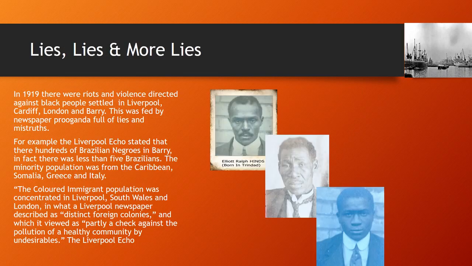In 1919, immediately after the First World War, there were riots and violence directed against black people settled in Liverpool, Cardiff, London, Barry and Newport. And this was generally fed by newspaper propaganda, bluntly lies and mistruths, and also fed by the fact that white soldiers returned from war to find there were no jobs.